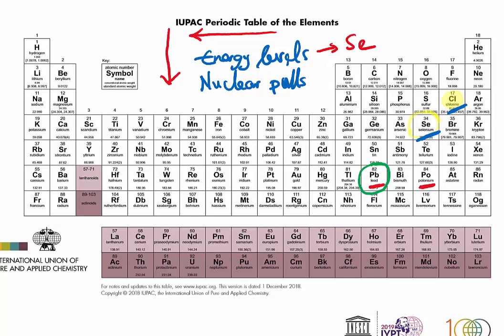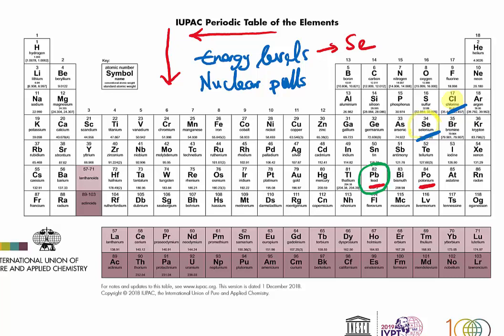We know that if both chlorine and selenium were in the same period, chlorine will experience a lot more nuclear pull because it is closer to the right of the periodic table. The closer you are to the right, the more nuclear pull you will experience.